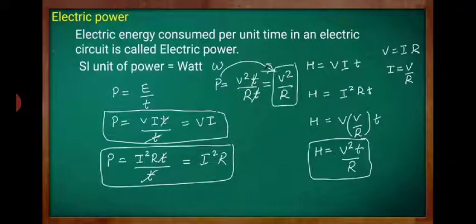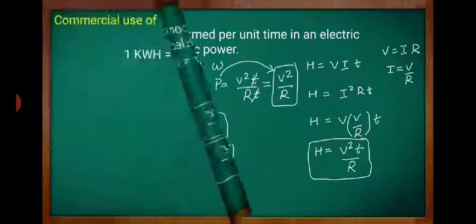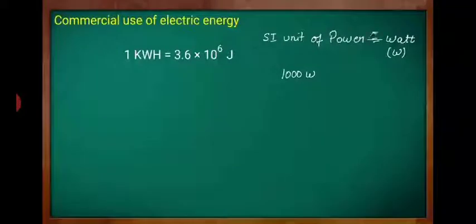The SI unit of power is W, the watt. But 1 kilowatt hour is equal to how many joules? 1 kilowatt hour is equal to 3.6 into 10 raised to 6 joule. And 1000 watt is equal to 1 kilowatt.